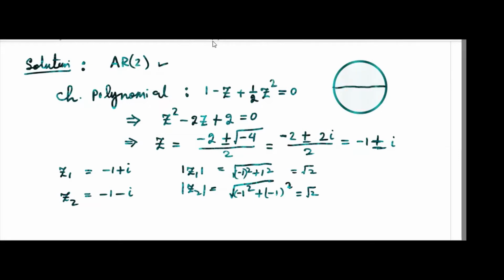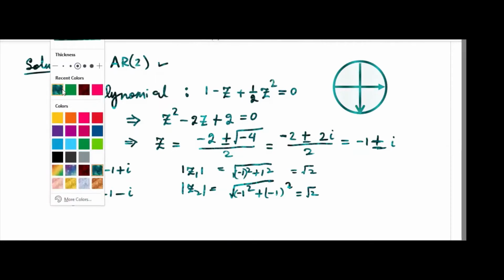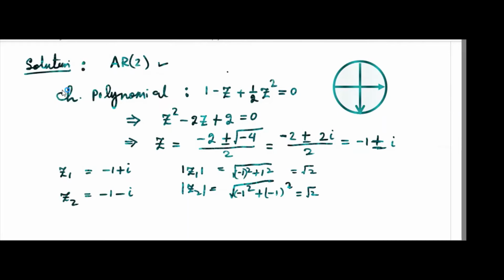This is your 1 and this is the unit circle. You need to check whether the roots are within this or not. This is 1, this is 1. If you plot the point -1 plus 1, and -1 minus 1, they will come on this side.